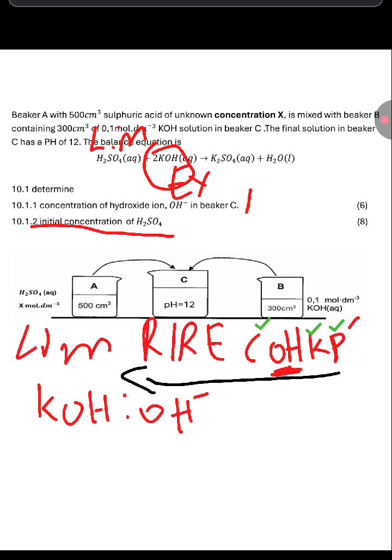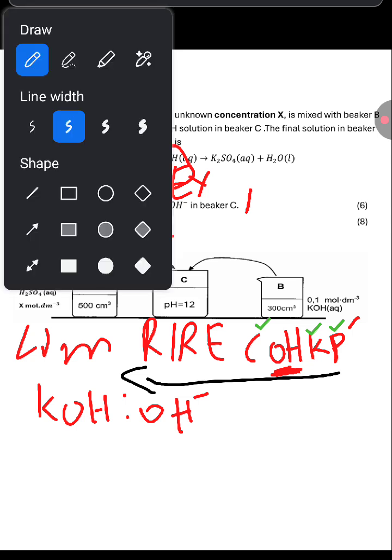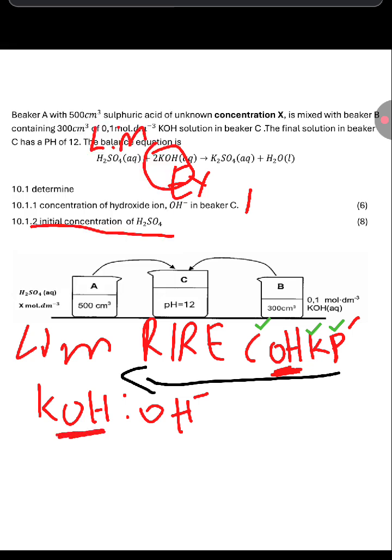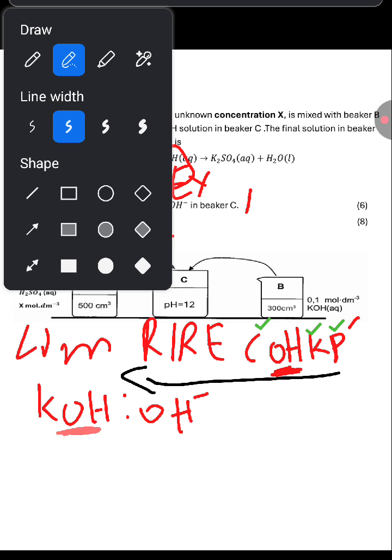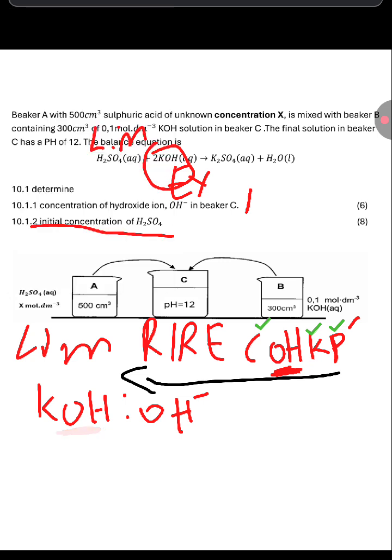What is the ratio? So the question is, how many OH are here in this space? There's 1. So the ratio is 1:1.